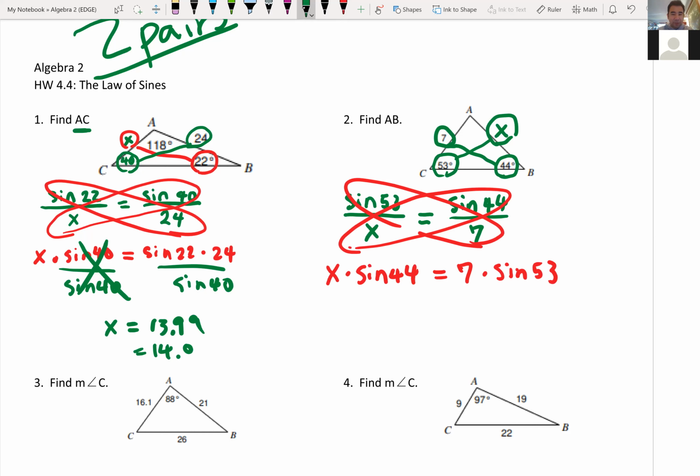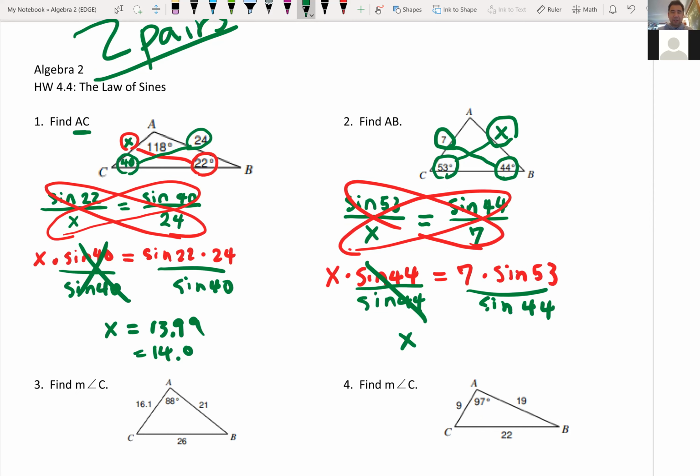To do that, I'm going to divide both sides by sine of 44. That side cancels out. So x equals 7 times sine of 53 divided by sine of 44.